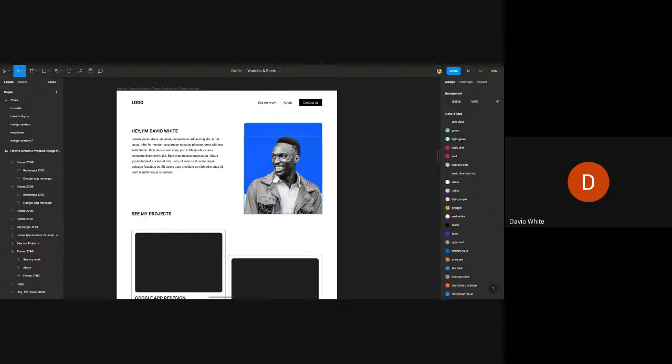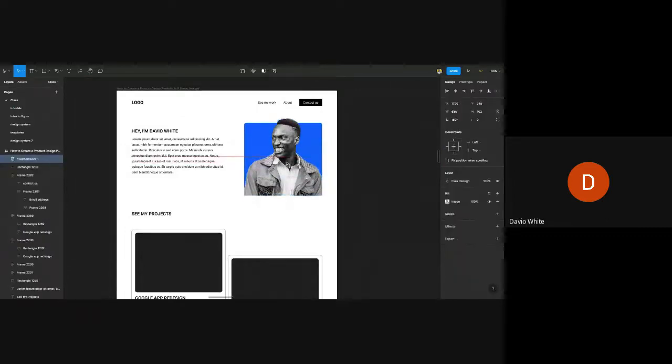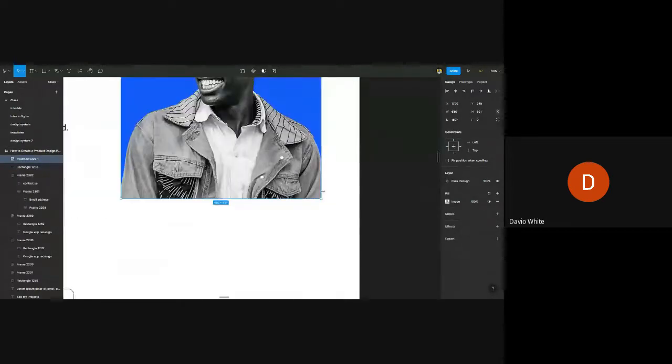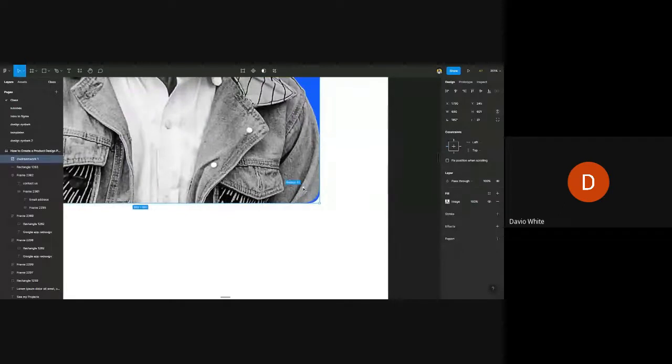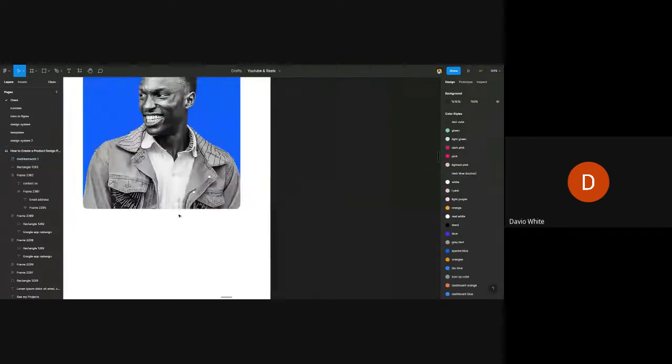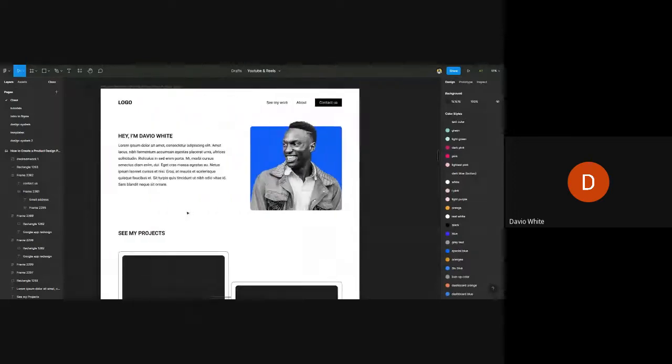All right, so I have this and my image will be here. I just zoom this. So this is how you can go about copying your image.